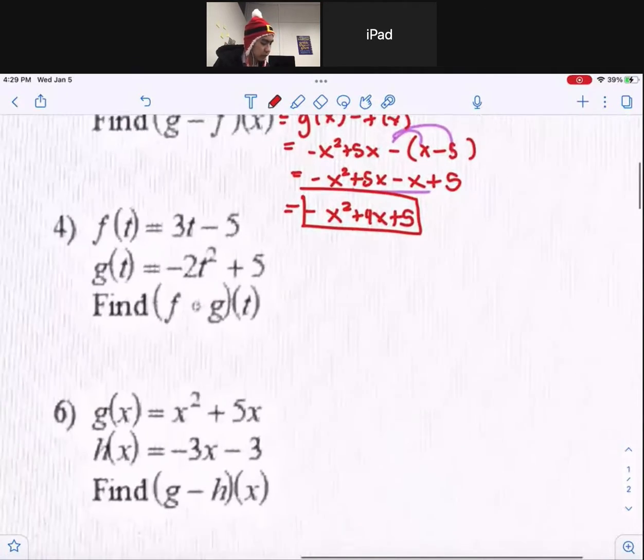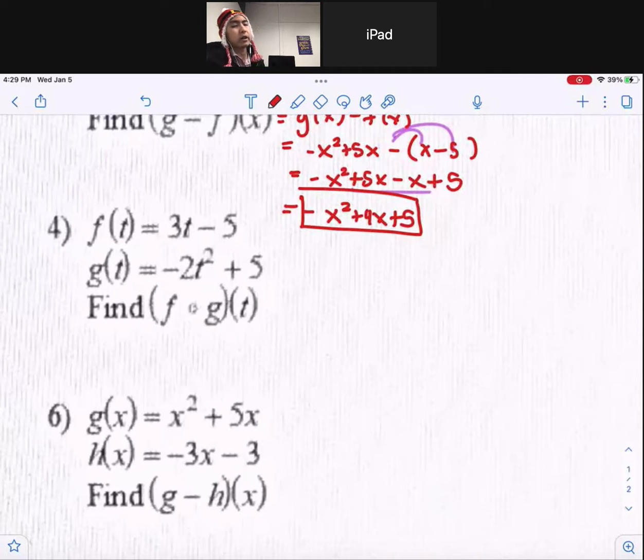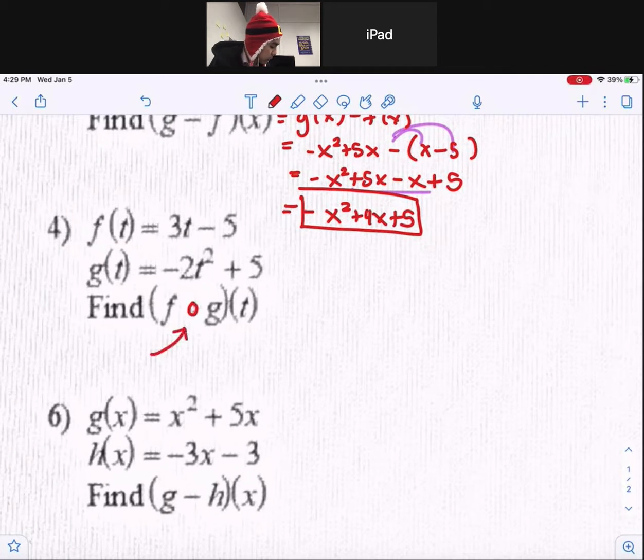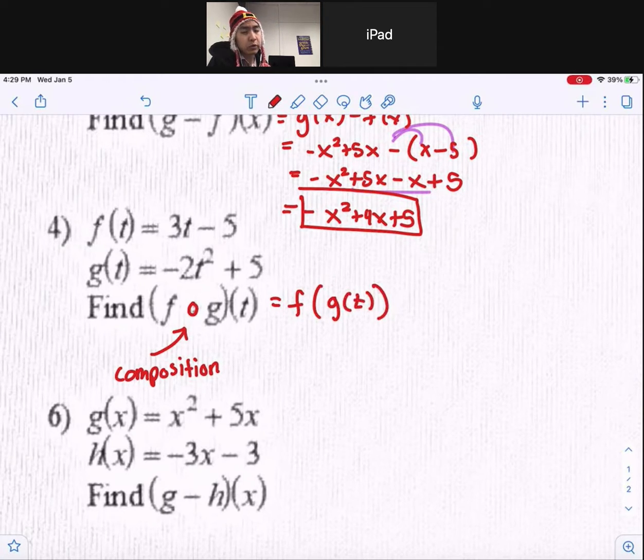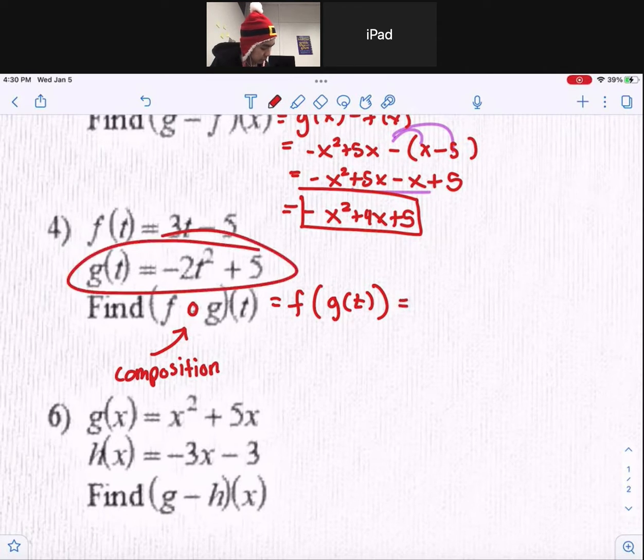The only other different one, okay, so we're going to have to talk about this one. This is a composition. And the way you rewrite this is f of g of t. So you have to find and substitute in for the g function, which is this, right?